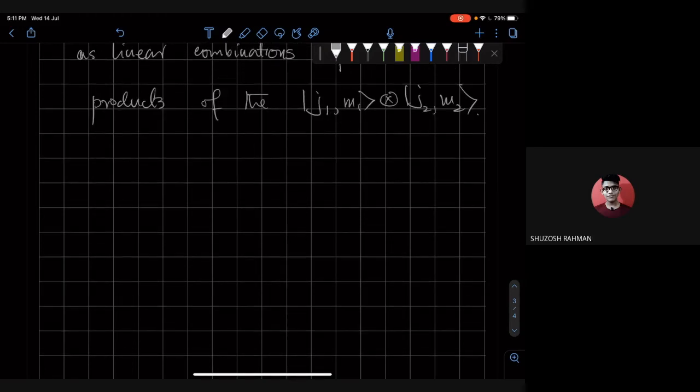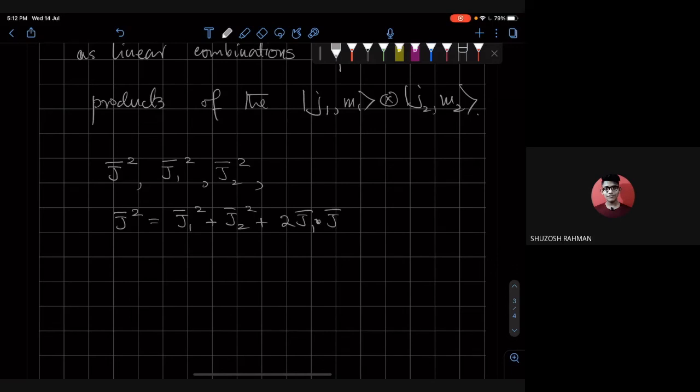So before we go there, let me just remind you what the relevant operators are. Of course, J squared is one of the relevant operators that we need to understand. J1 squared, J2 squared, and then if I look at J squared, it's going to have the form J1 squared plus J2 squared plus 2 J1 dotted with J2.